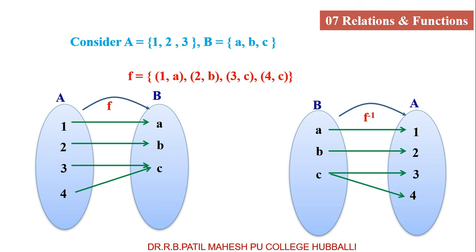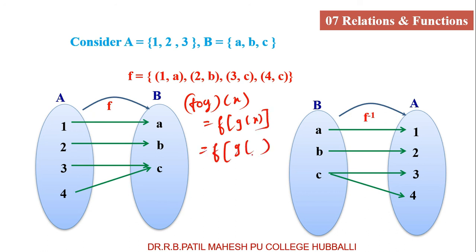Here, students, if I start taking f composition g of x is equal to f of g of x, I get f of, what is g of x? The element x I will consider as c. Now the question, g of c.